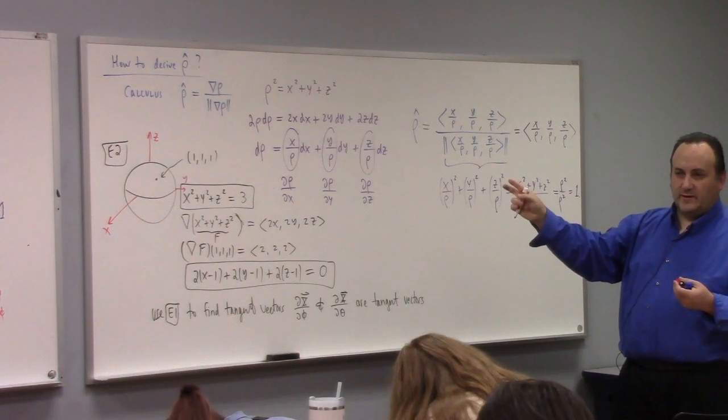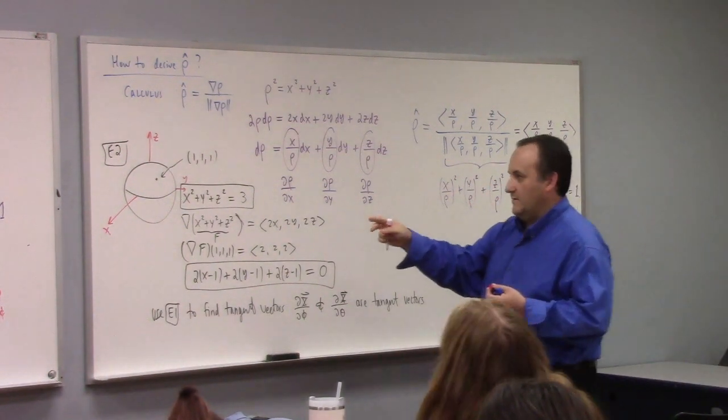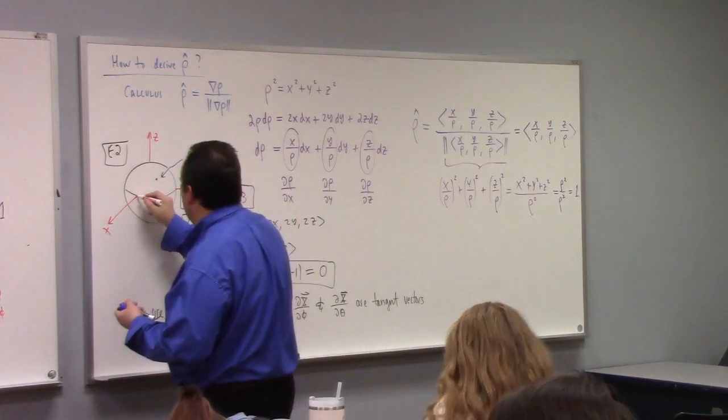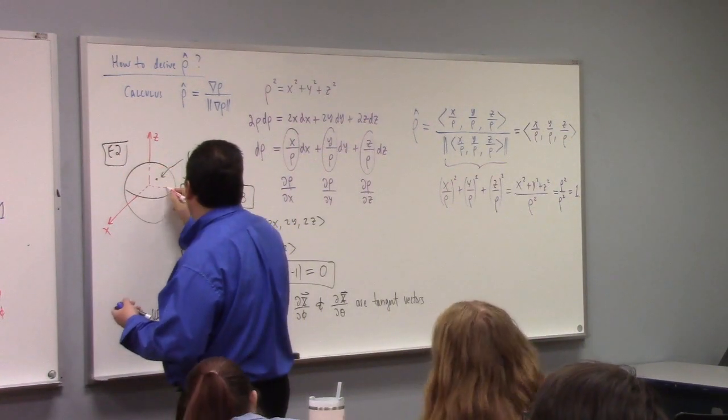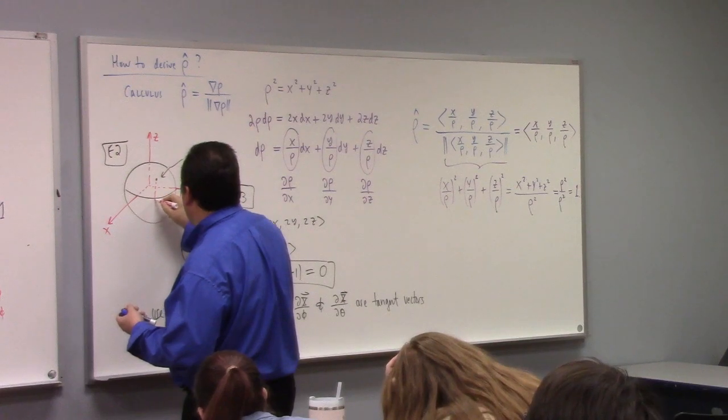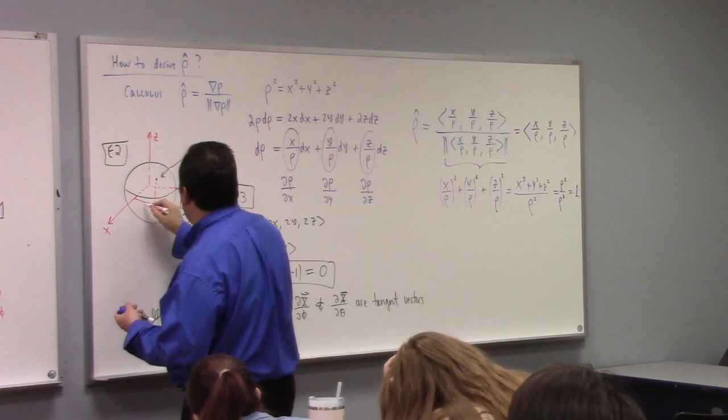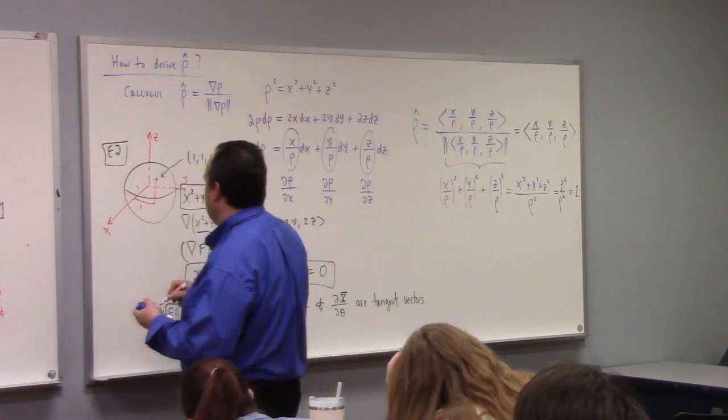I chose a pretty simple point. It's a really nice point because if you think about the projection of the point down into the xy plane, what do you got here? It's 1 here and it's 1 there, right?